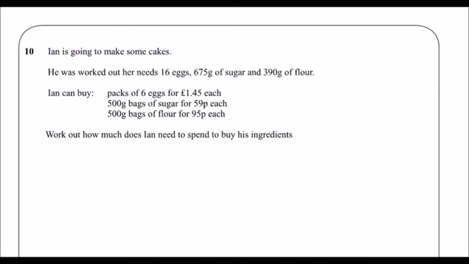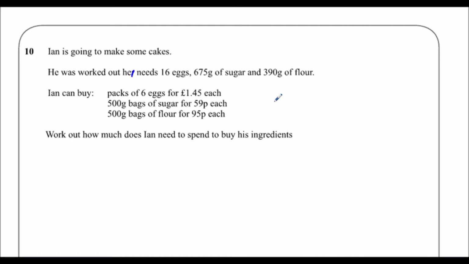Question 10. Ian is going to make some cakes. He has worked out he needs 16 eggs, 675 grams of sugar, and 390 grams of flour.